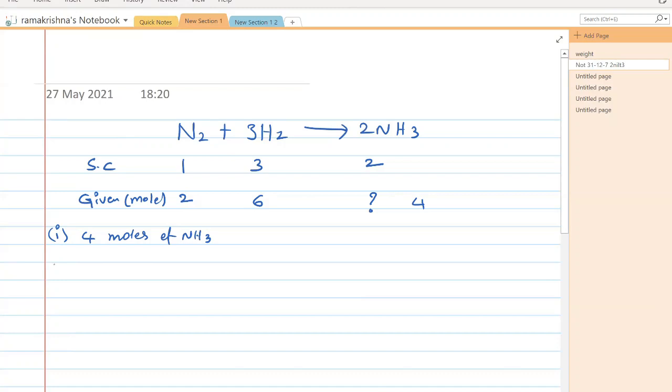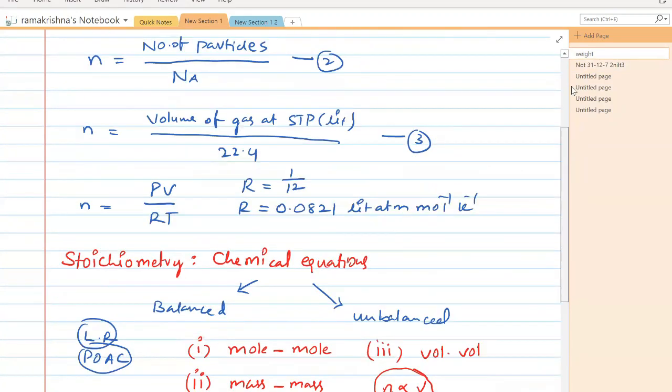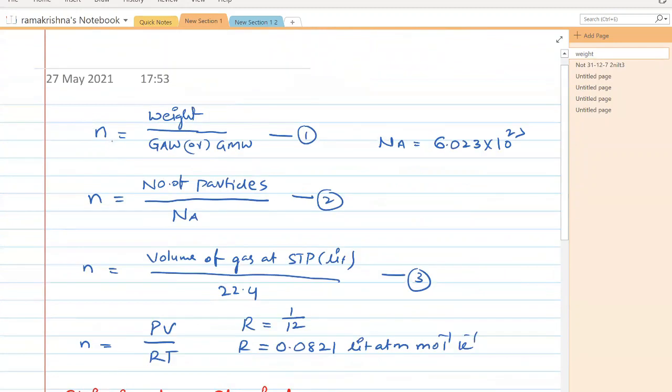Right. Second question, they are asking us about what is the weight of ammonia formed in the above reaction. From the formula number 1, that we have discussed in the last video, how to calculate the number of moles. Number of moles is equal to weight by gram molecular weight. Here we know the number of moles and we know the gram molecular weight. So we have to find out the weight of the substance.